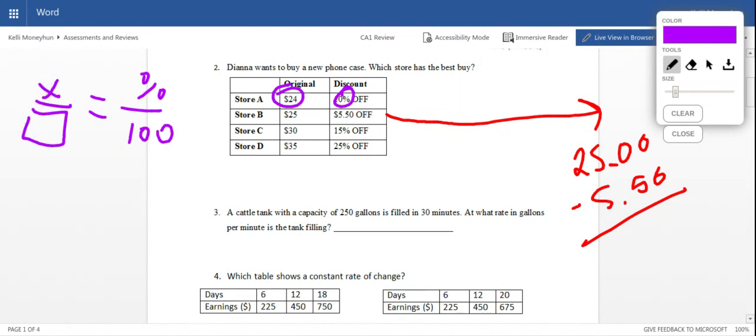And then once you find your discount, remember discount means to subtract, so go back and subtract your discount from your original price to get your new price, and then decide which one is the cheapest. Okay, so pause. This one's going to take you a little while to work out, so pause it and work them all out.